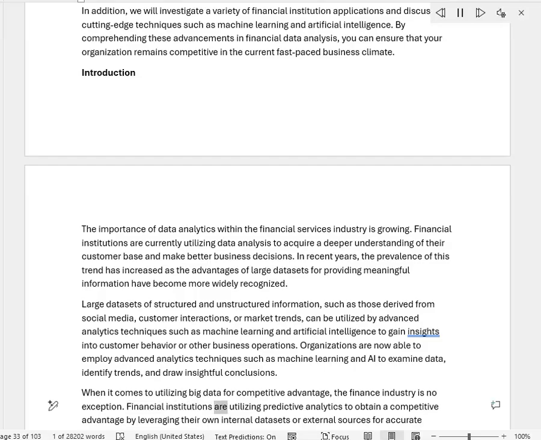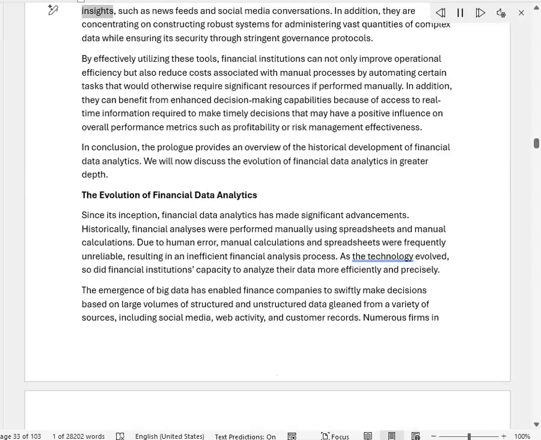Financial institutions are utilizing predictive analytics to obtain a competitive advantage by leveraging their own internal datasets or external sources for accurate insights, such as news feeds and social media conversations. In addition, they are concentrating on constructing robust systems for administering vast quantities of complex data while ensuring its security through stringent governance protocols.